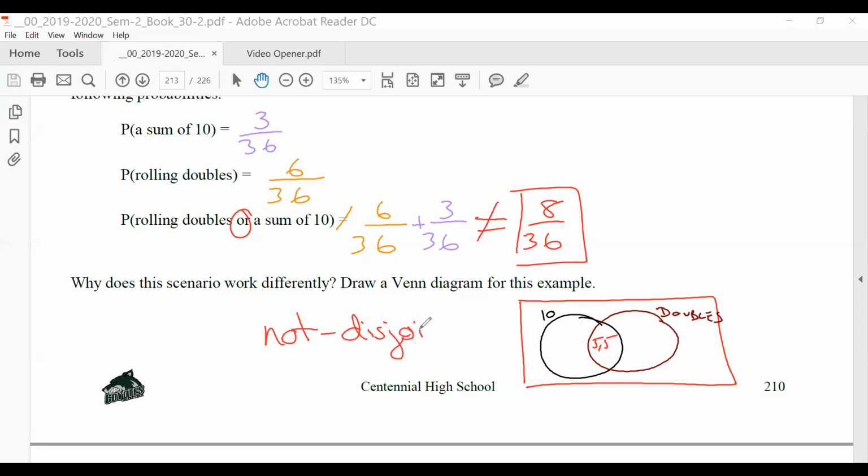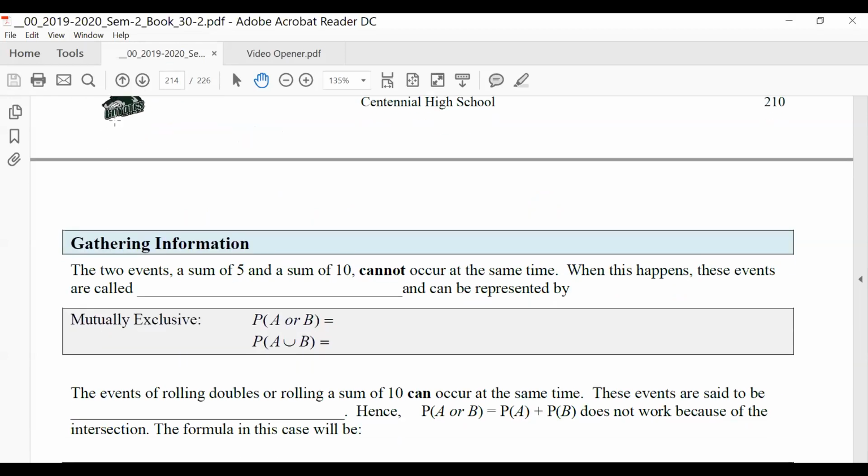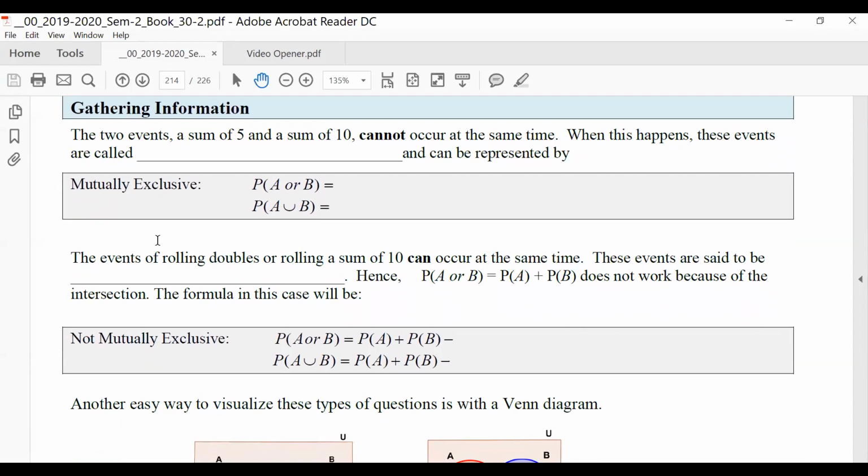So when we're not disjoint, we're going to have to come up with a different formula, because when we're not disjoint, guess what? We can't simply add those two things together. Okay, well, good news is this is rather easy to sort out. Other good news is it's on my formula sheet.